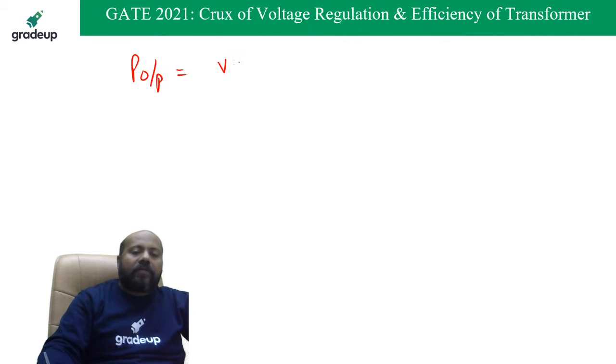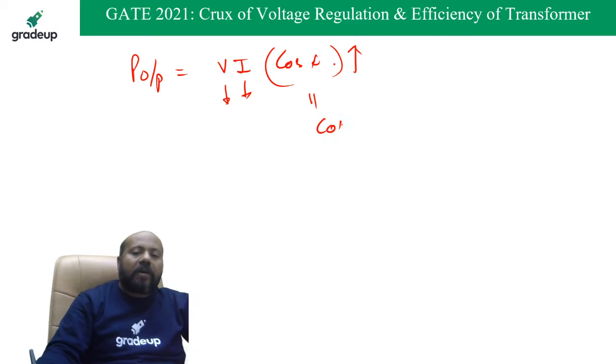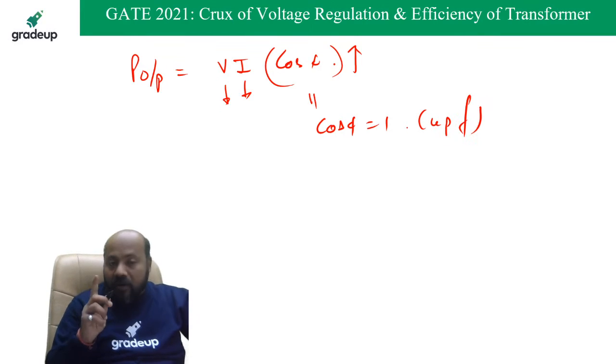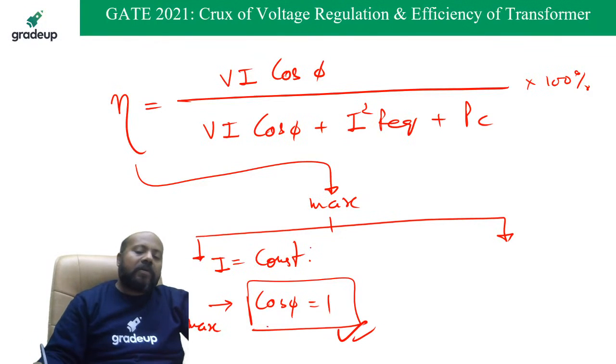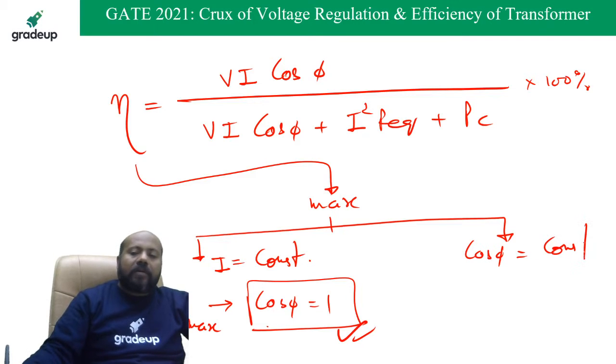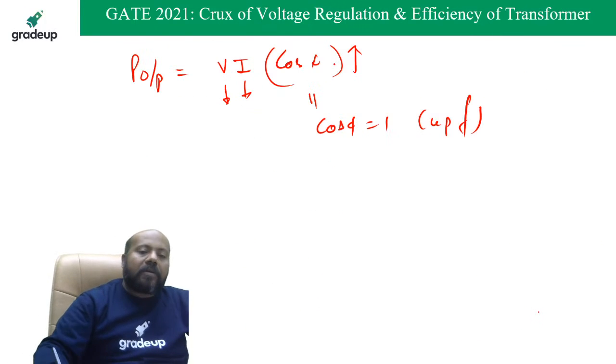This is VI cos phi. You are saying I is constant, V is constant, so what can you change? You can make cos phi maximum. What is the maximum value of cos phi? This is 1. It means unity power factor is the condition. If the load current is constant, you will get the maximum efficiency. If power factor is constant, you will get the maximum efficiency by using this procedure.